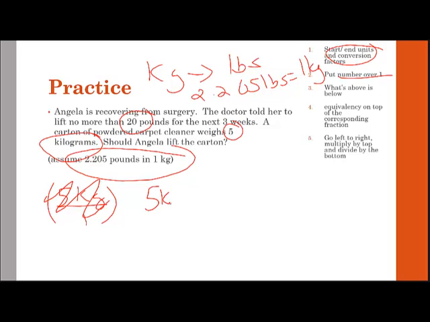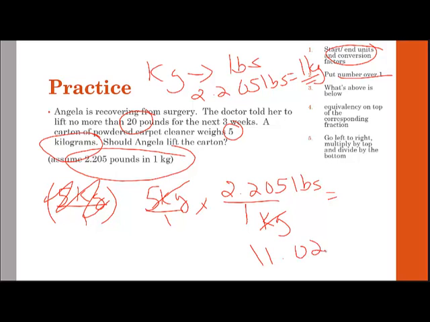We have kilograms on the top, so I want to put kilograms on the bottom of the next one. The number 1 goes with kilograms. 2.205 pounds is what it's equal to. Kilograms cancel, so 5 times 2.205 comes out to be 11.025 pounds. So can she lift it? Yes, because it's under 20 pounds.